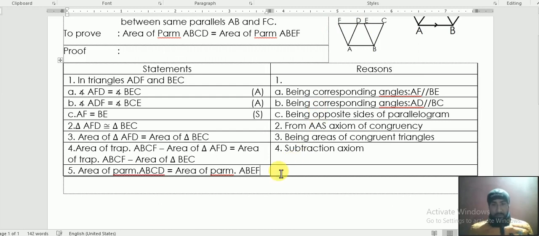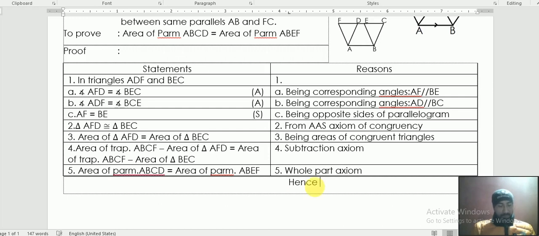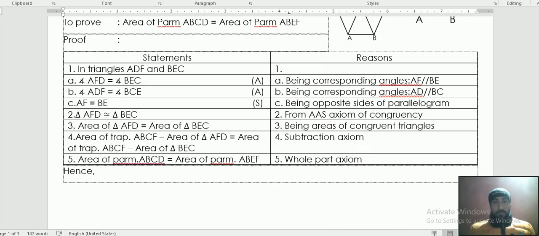So it's the whole part axiom. Lastly, you write here: hence proved. Write the conclusion too.